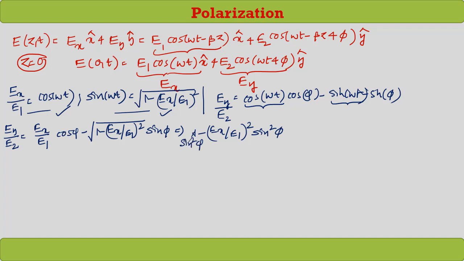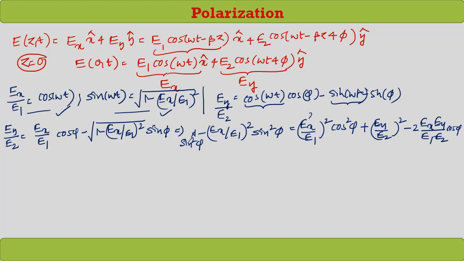That is equal to (Ex by E1) squared cos squared phi plus (Ey by E2) squared minus 2 times Ex Ey by E1 E2 cos phi.